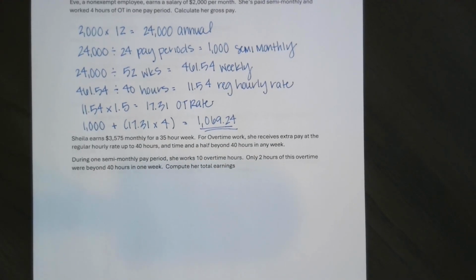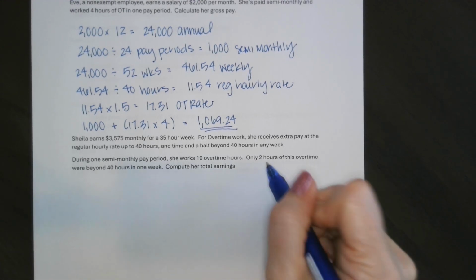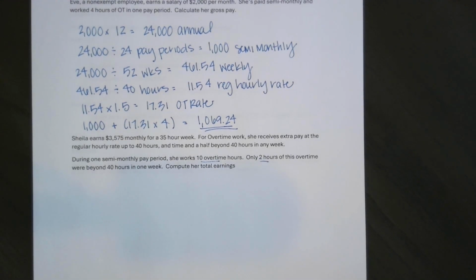Sheila earns $35.75 monthly for a 35-hour week. For overtime work, she receives extra pay at a regular hourly rate up to 40 hours and time and a half beyond 40 hours in any week. During one semi-monthly pay period, she worked 10 overtime hours. Only 2 of these hours of overtime were beyond the 40 hours in 1 week.